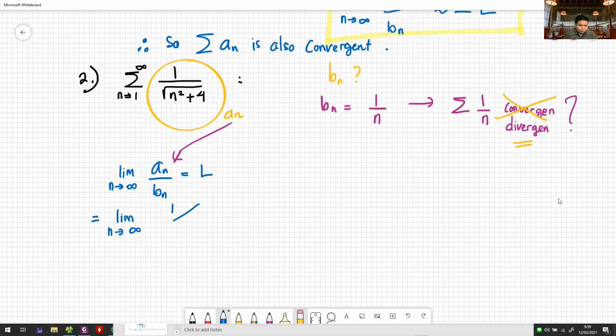The an is 1 over the square root of n squared plus 4, divided by bn. The bn itself is 1 over n. What do we have? The limit, where n goes to the upper part, n, divided by the lower part, the square root of n squared plus 4, as n goes to infinity.